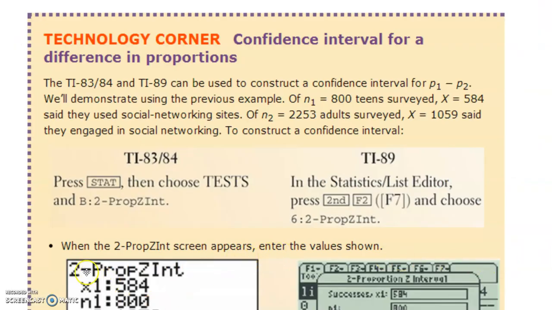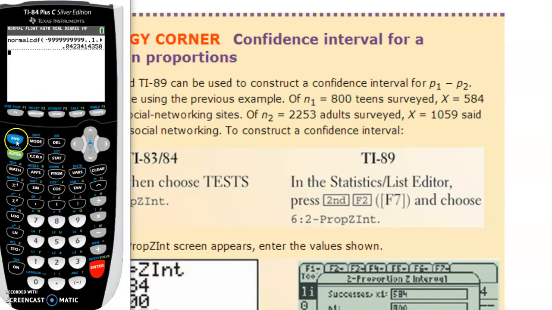Obviously, there is a way to do it on your calculator. It's called a 2-prop z int, a 2-proportion z interval. It's under stat test. 2-proportion z interval is what I'm looking for, and it's right there.